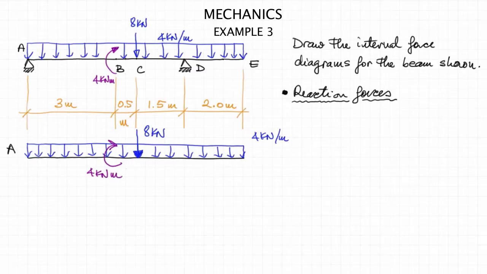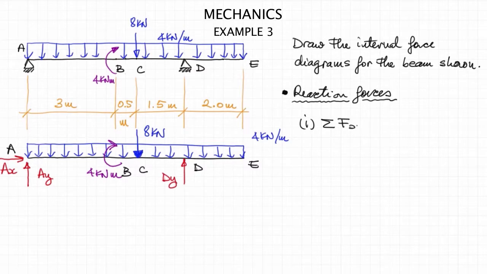Then at A, we have removed the pin, so we now have a horizontal reaction Ax and a vertical reaction Ay. And at D, we have removed the roller, so we have a vertical reaction Dy. Sum of the forces along X indicates that the horizontal reaction force Ax is equal to 0.